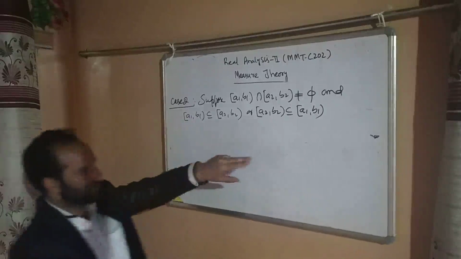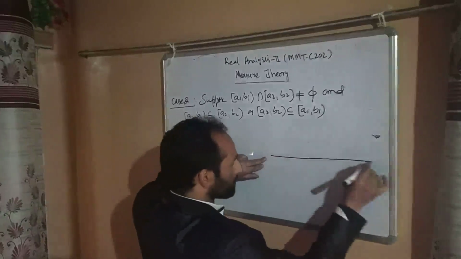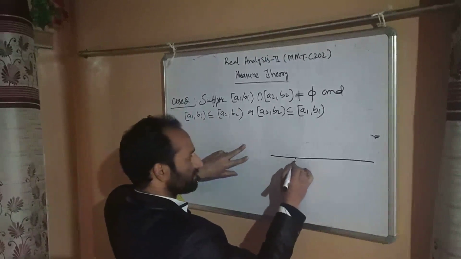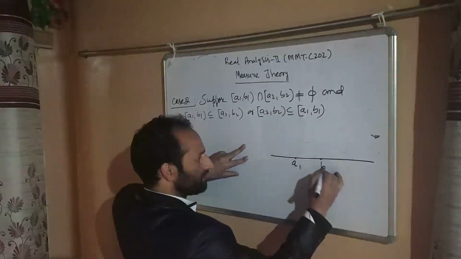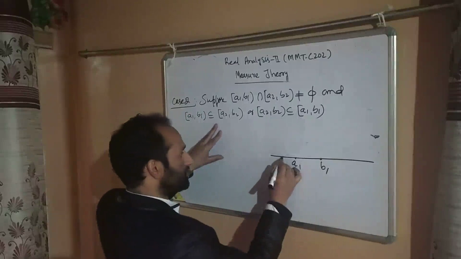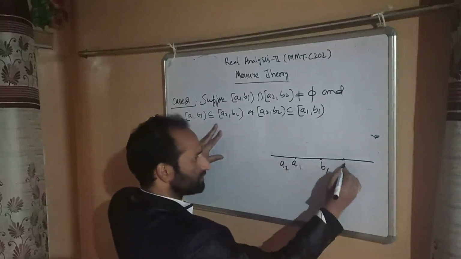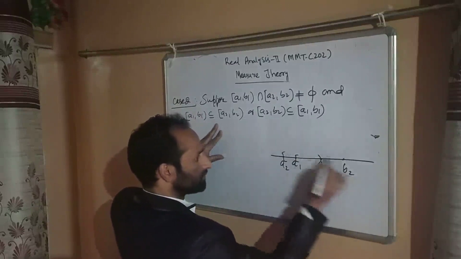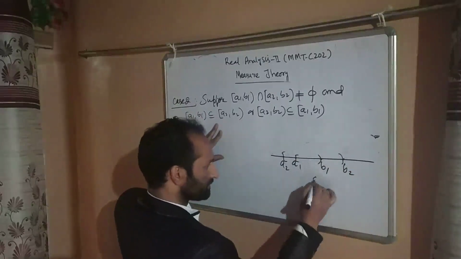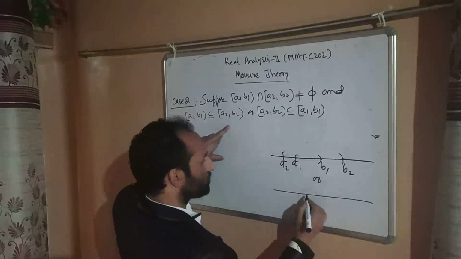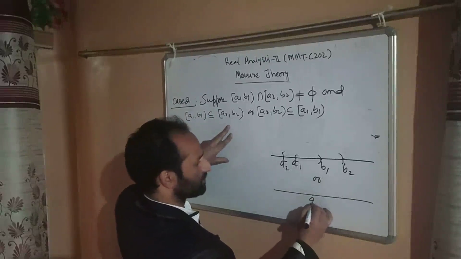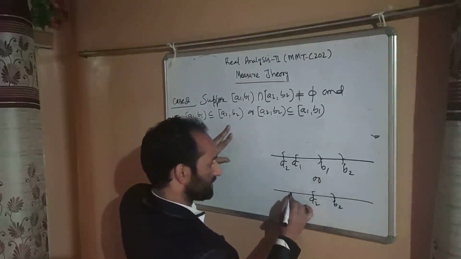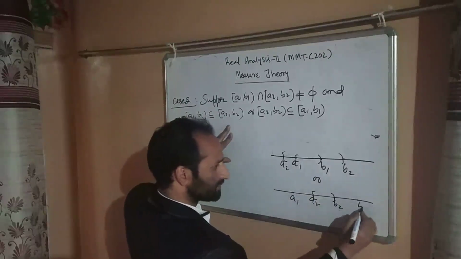So the situations are like this: A1 B1 is contained in A2 B2, or A2 B2 is contained in A1 B1.